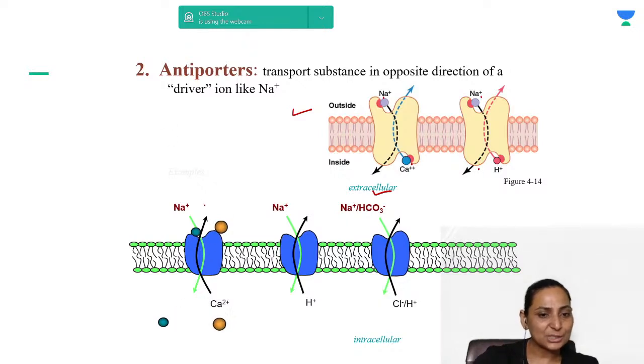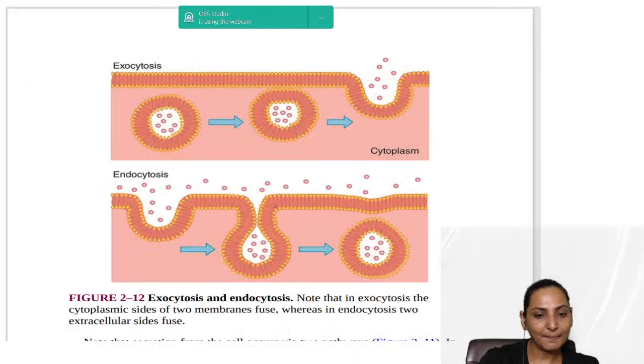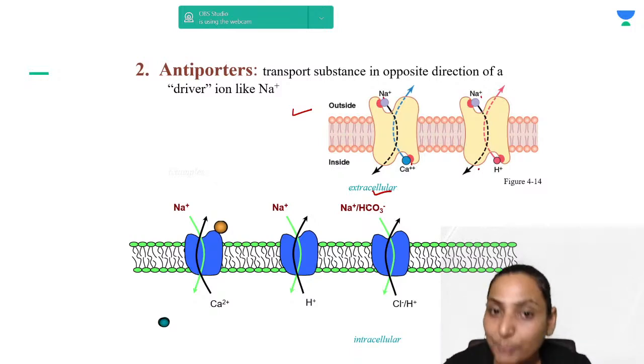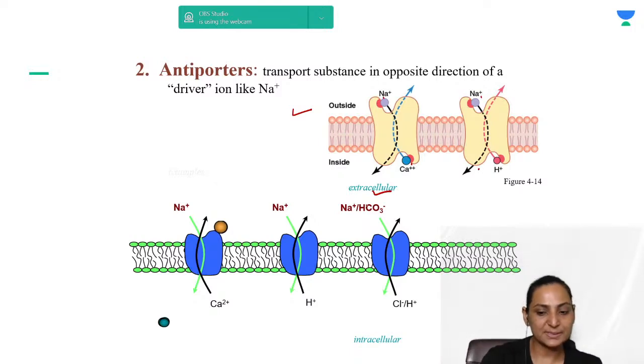Now just look at the directions, right? So sodium and calcium: sodium is coming inside and calcium outside, and here the sodium is taken in and the hydrogen is given out, and this is the sodium bicarbonate exchanger. So are you able to appreciate the difference between the symporters and the antiporters?